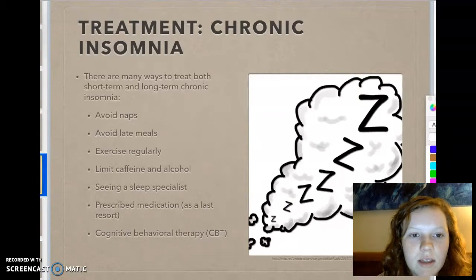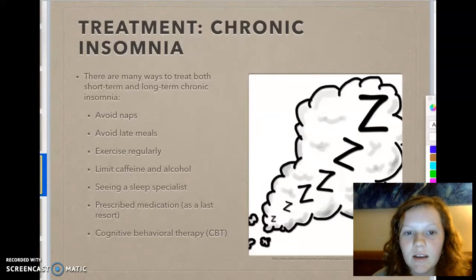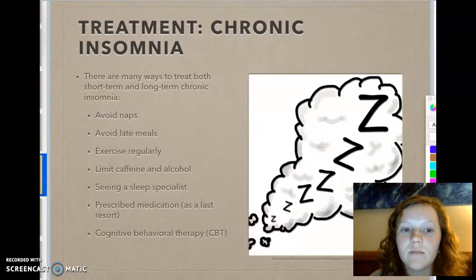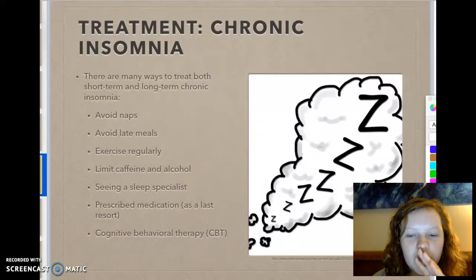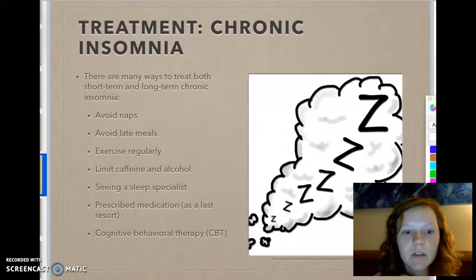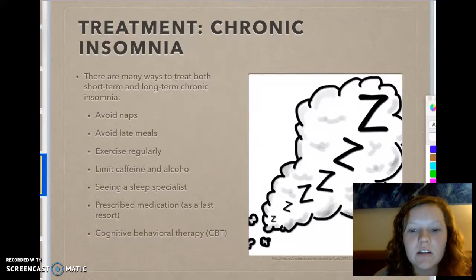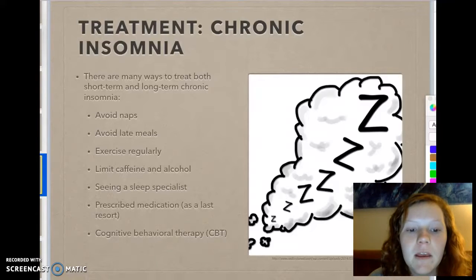So, on to this. Chronic insomnia. There are many ways to treat this, both short and long term. Short-term treatments are to avoid naps, avoid late meals, exercise regularly, limit caffeine and alcohol.